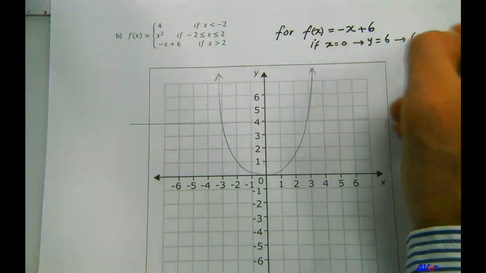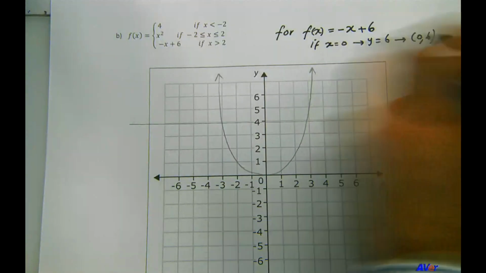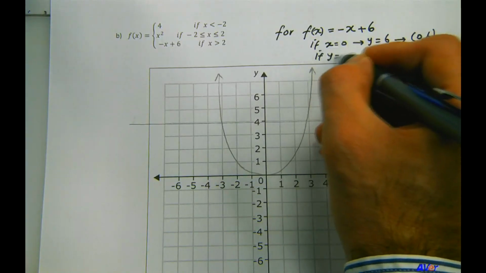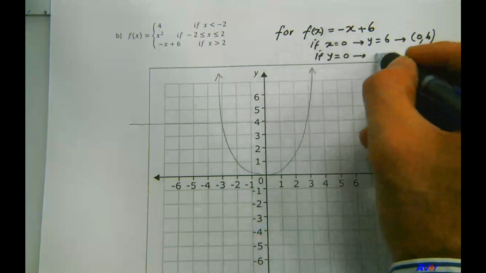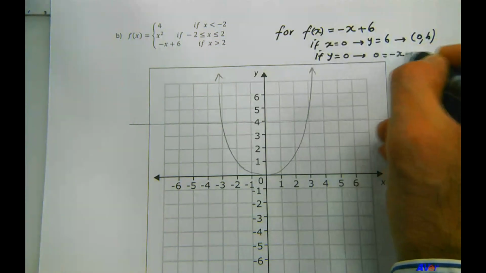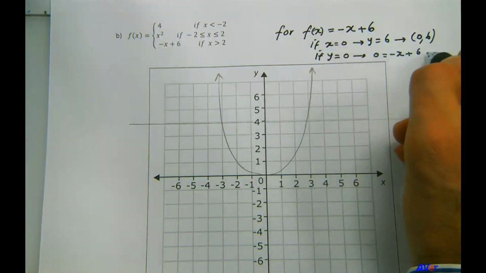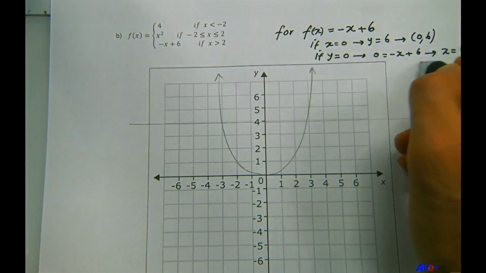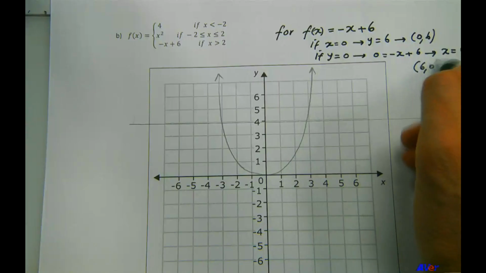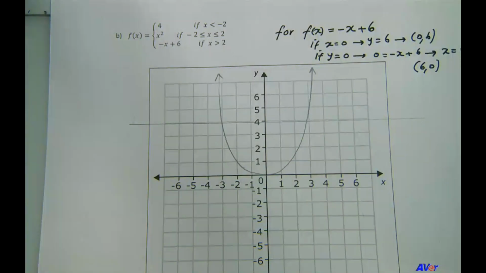So we have 0 comma 6 as the y-intercept. If y equals 0 or f of x equals 0, then we have 0 equals minus x plus 6, or x equals 6. So we end up with 6 comma 0 as the x-intercept.